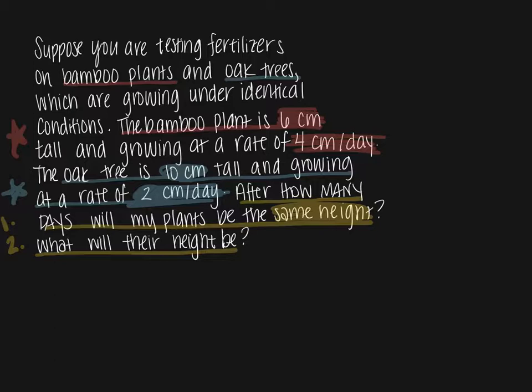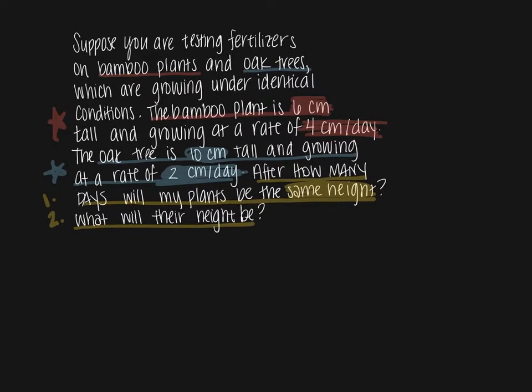So I have 2 different systems. And I want to know after how many days. So I need to express my function in terms of days. So we're going to use D for days. And it's asking me about height. And notice that height is going to grow depending on the number of days.